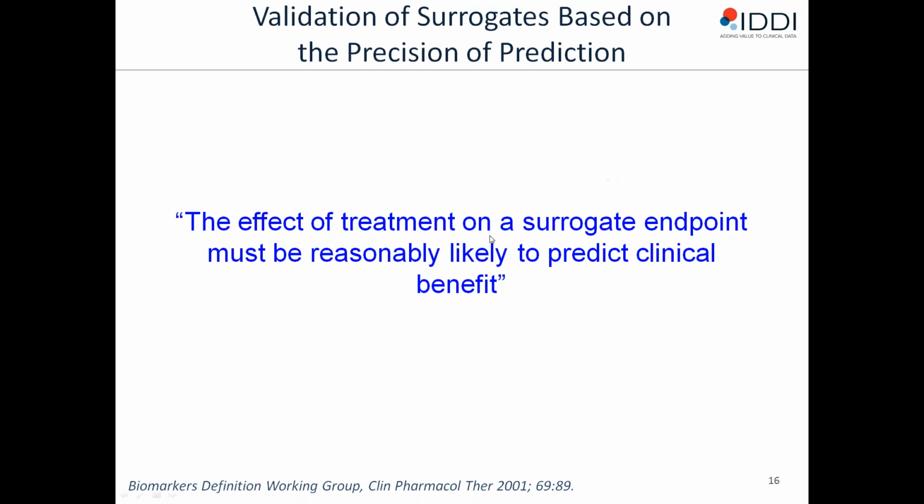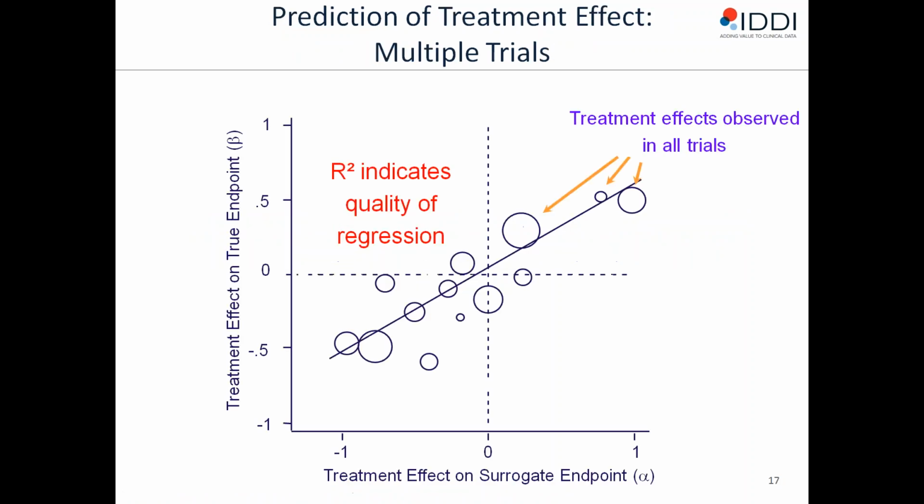Thus, we need a prediction model which would allow us to evaluate the precision of the prediction. And in general, usually we do it by looking at the meta-analysis. So we use multiple trials in which the surrogate endpoint and the clinical endpoint was measured, and then we look at the association between the treatment effects evaluated in these historical trials.